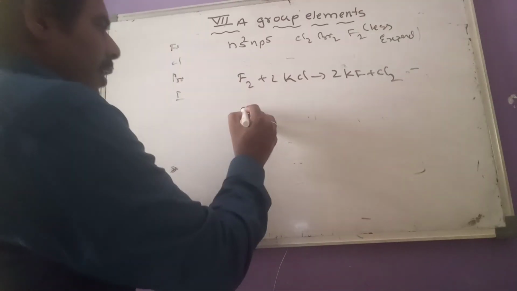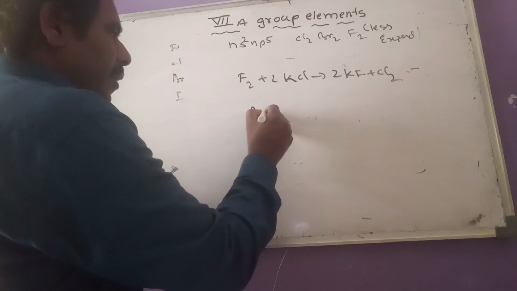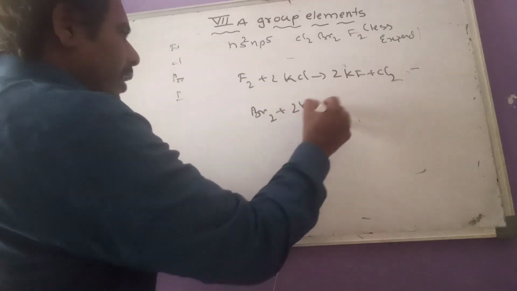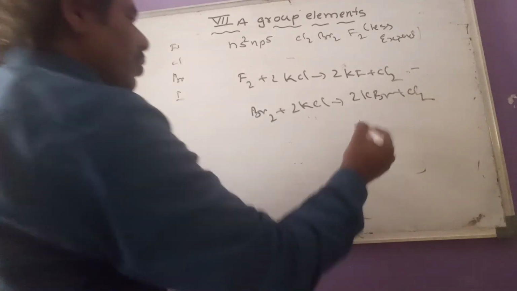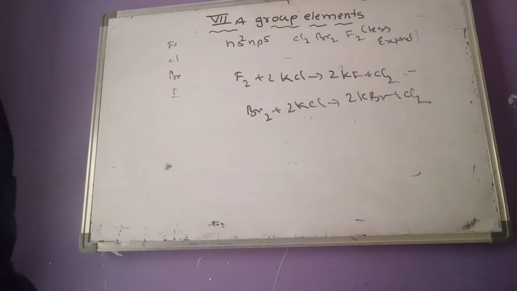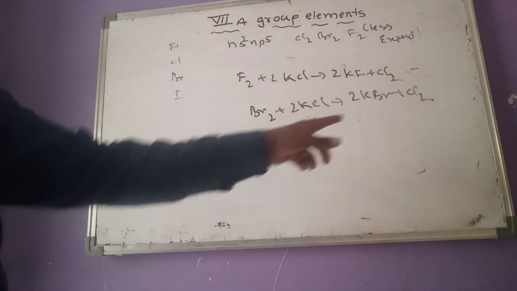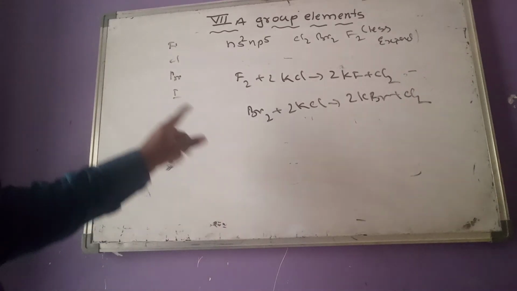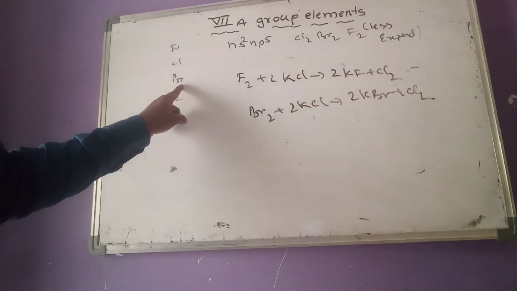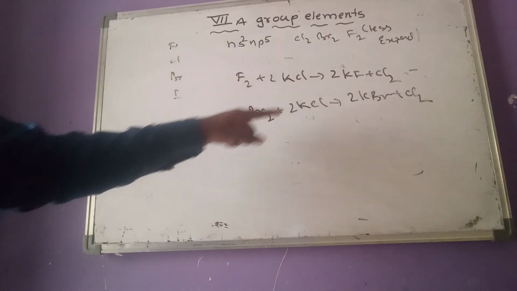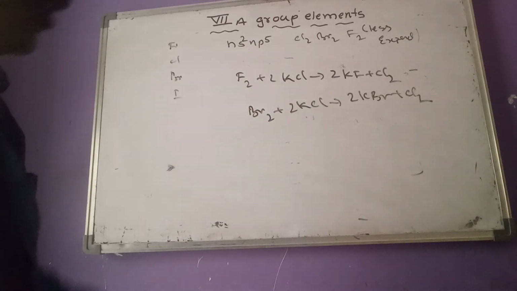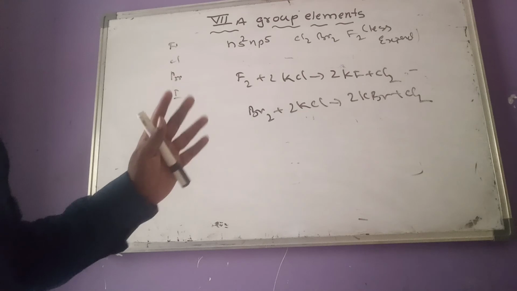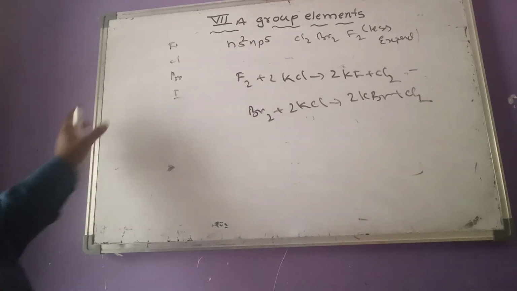And now another reaction I give here, Br2 plus 2KCl gives 2KBr plus Cl2. Is this reaction possible? No, this reaction is not possible, because bromine is present at the bottom, chlorine is present at the top. So this reaction is not possible. So like this they give the questions regarding oxidizing power.